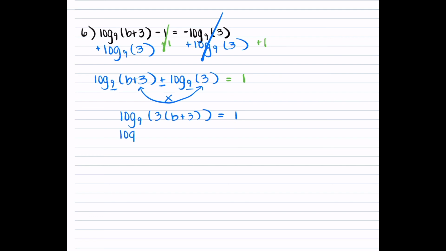Let's simplify that to 3b plus 9 equals 1. Now with this equation, we can turn this into exponential form. So we know that our base is 9, our exponent is 1, and it would equal our remaining value 3b plus 9. 9 to the first is just 9.